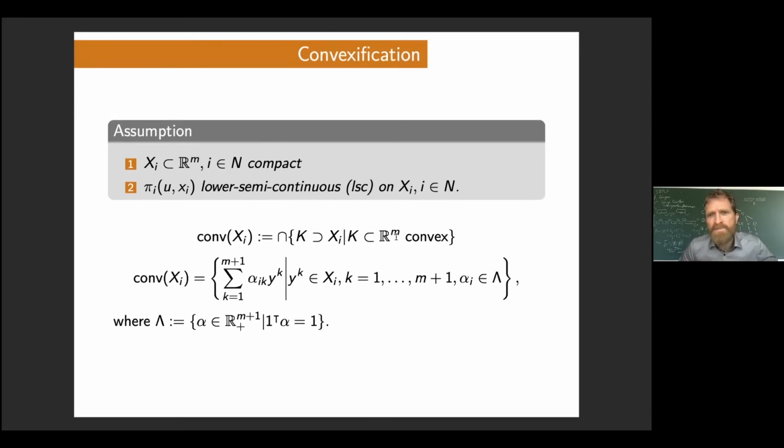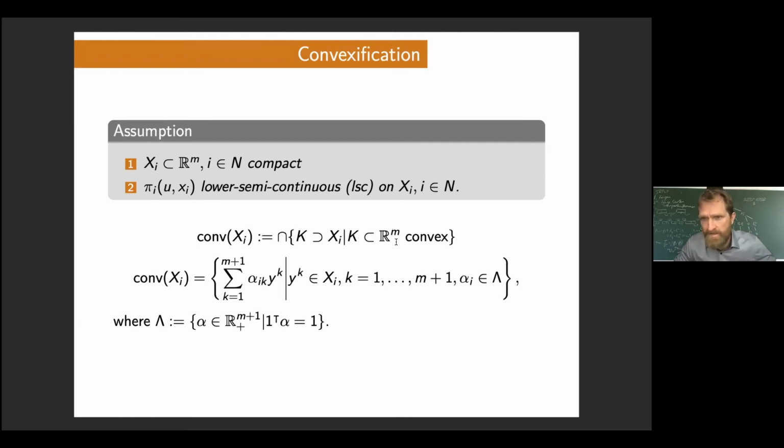But in R to the n, you have this powerful result of Carathéodory that says take any point, then you can represent that point as the convex combination of at most dimension plus one many points in your original set. Yeah, this is important to know.